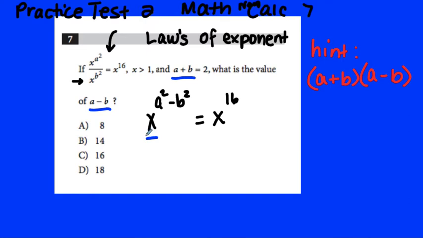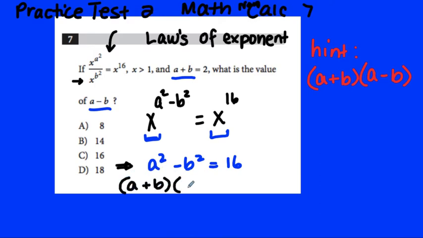If these both have the same base, that tells me that a squared minus b squared equals 16. And there is that factor pattern that you're going to have to recognize on the standardized test. There is DOTS. So if I factor a squared minus b squared, I get a plus b times a minus b equals 16.